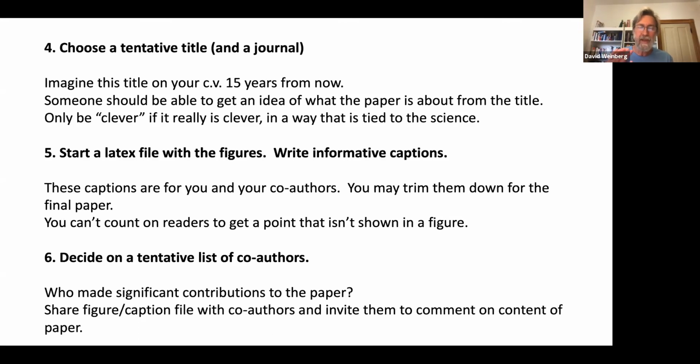Going back to what I said before in talking about the list of figures, in general, you cannot count on readers to get a point that isn't shown in a figure. Sometimes the natural expression for your point is an equation, or a table, or just things that you say in the text.